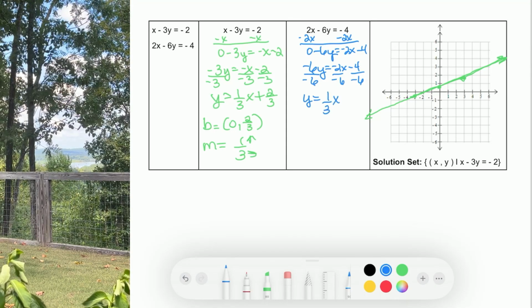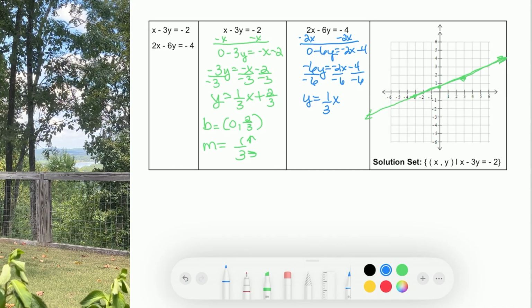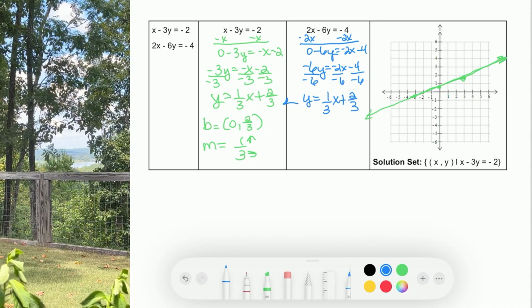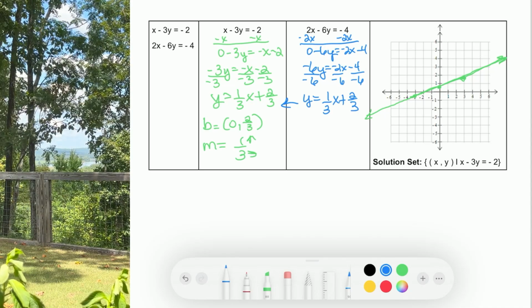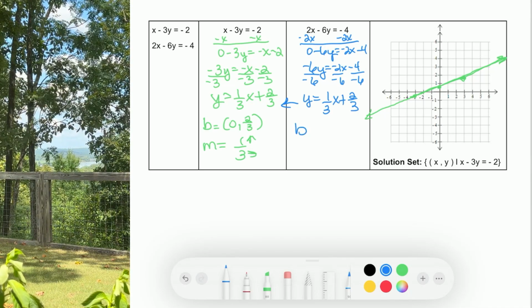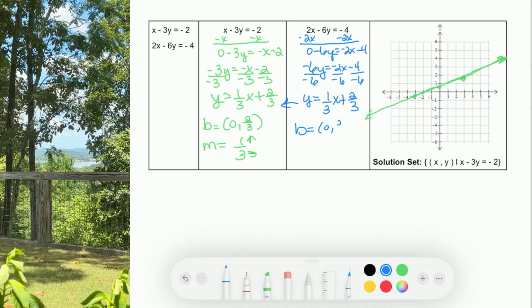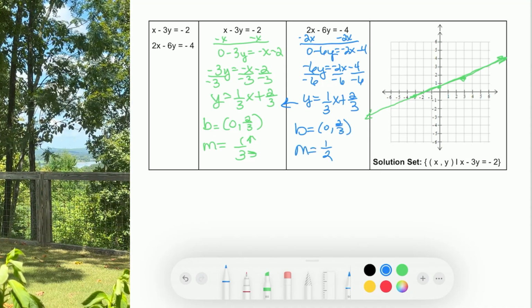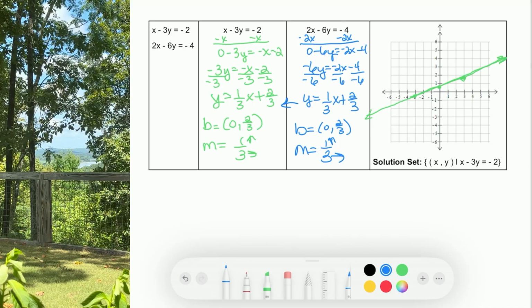That -4 over -6 becomes a positive 2/3. And look at that. We have the same exact equation. So our b is the same. And our slope is the same. So that tells me we have the exact same line.